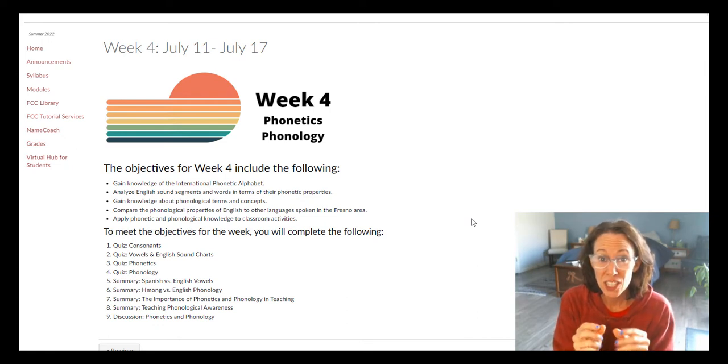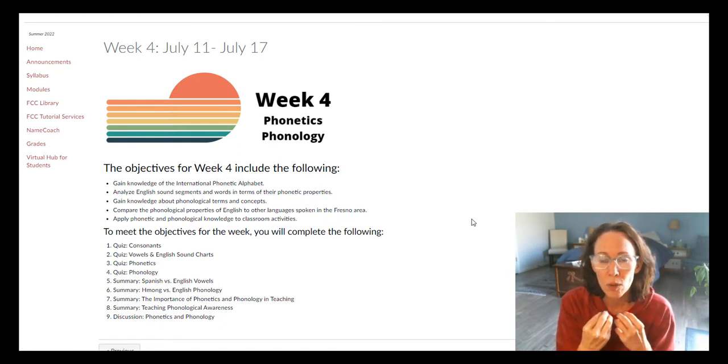Phonetics is really describing the sounds as they're articulated, as they come out of the person's mouth, describing where the tongue touches the different parts of the teeth, the top of the mouth, and how the vocal cords are vibrating or not, all of those different things.